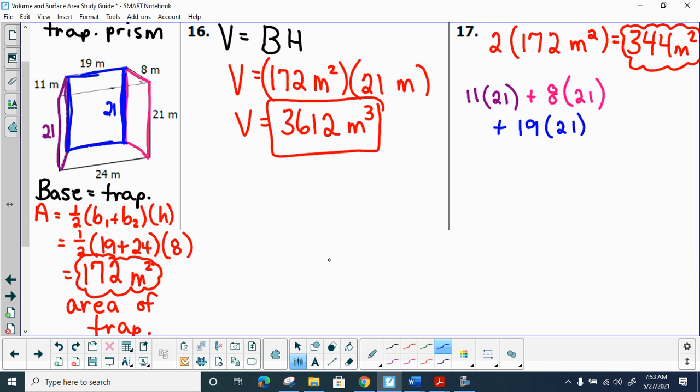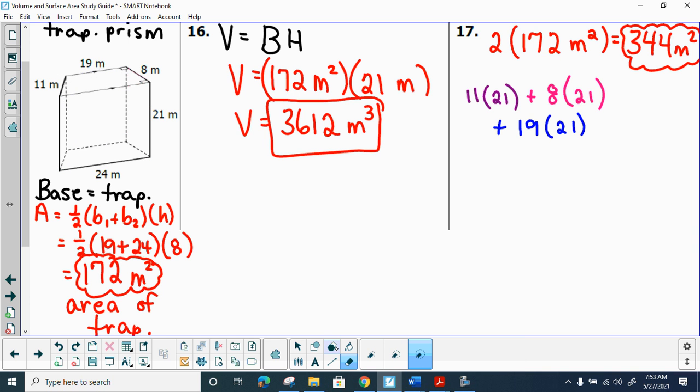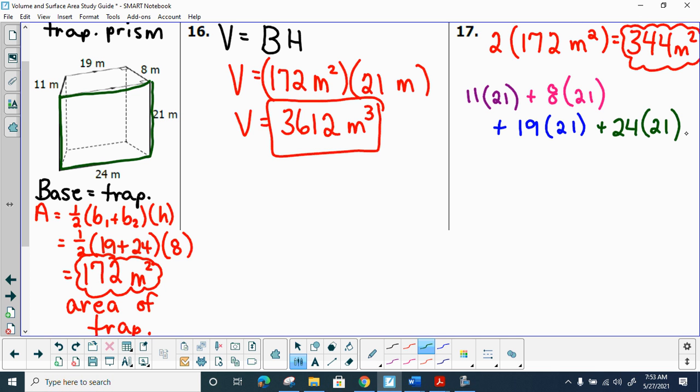Now, I've got the big rectangle in the back, so let me erase these 3 so I can see the big rectangle in the back. Which is 24 by 21 right there. So, let's do all that multiplying. Which I believe is 1302.